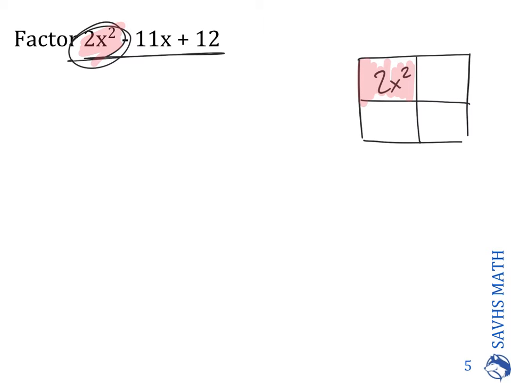Similarly, this 12 has to be here, because it's the only thing that can match. It's the only like term there. So together, these two, which I have to figure out, have to add to negative 11x. So I'm going to write this out real quick.